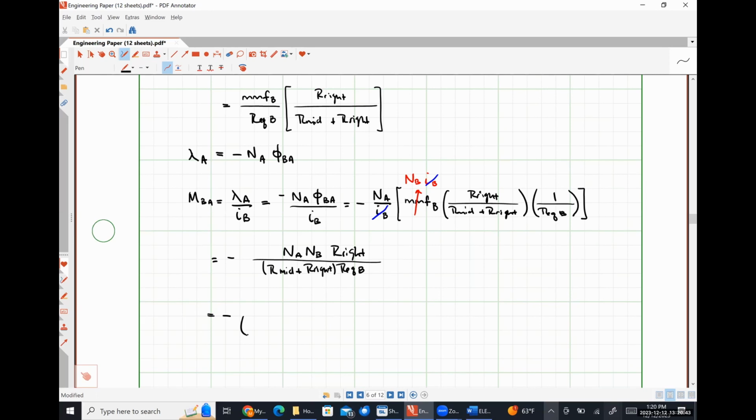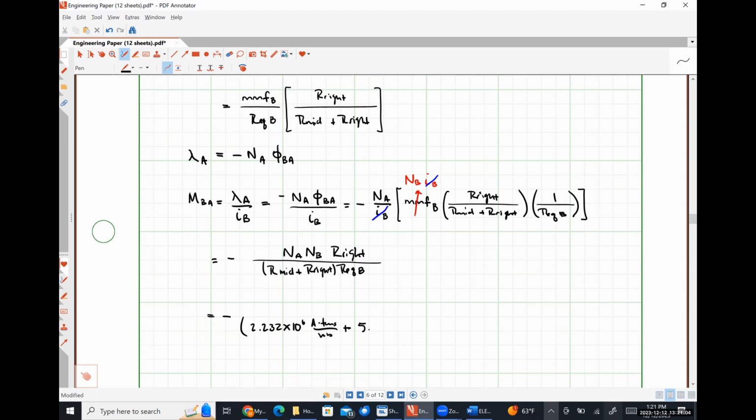So let's go back here. R mid was 2.232 times 10 to the 6 amp turns per Weber. R right was 5.411 times 10 to the 4 amp turns per Weber.